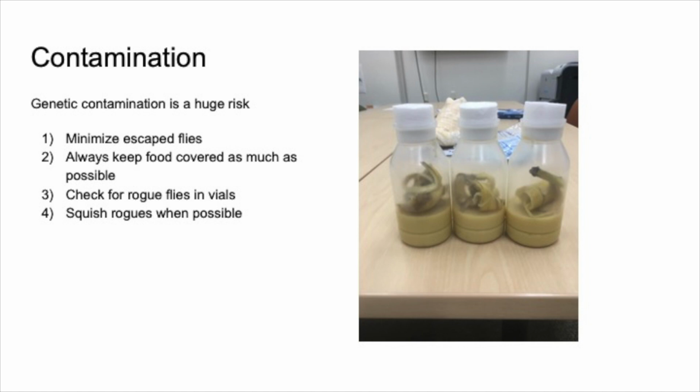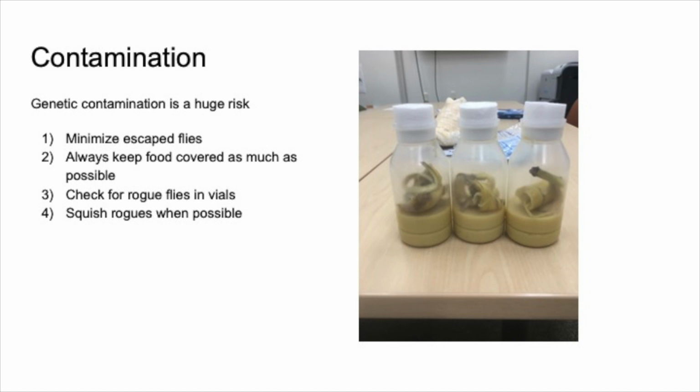Whenever you're working with fly food, you want to keep it covered as much as possible, which means keeping the plugs in vials for as long as possible and only uncovering them when you're about to fill them and then immediately covering them up again. Whenever you use a vial or are about to fill a vial or a bottle or a cage, you want to check to make sure that there's no rogue flies already in there.